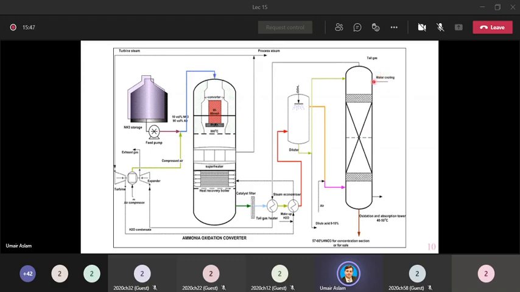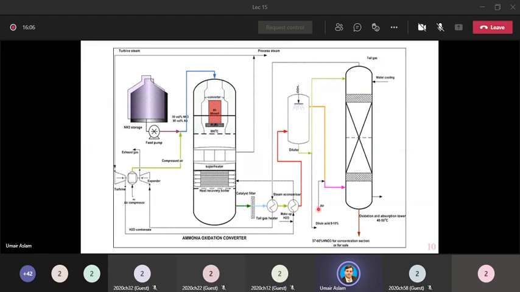So, as we know that ammonia oxidation converted ammonia gas into nitric oxide NO. So this product stream mainly will have NO, nitric oxide.